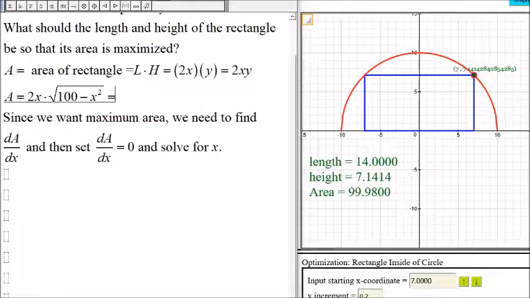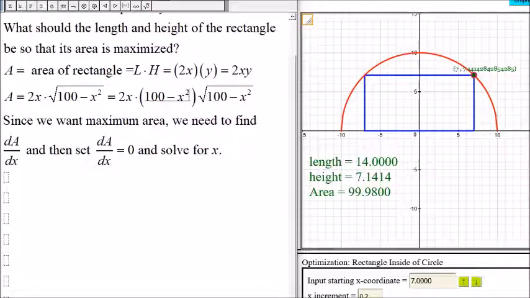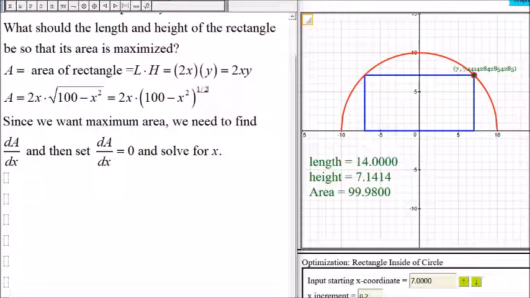So let's go ahead and rewrite this with a rational exponent so that we can find the derivative more easily. So this is 100 minus x squared to the 1/2. A square root is the same as a rational exponent of 1/2. And then for the derivative, this is a product, so we have to use the product rule.